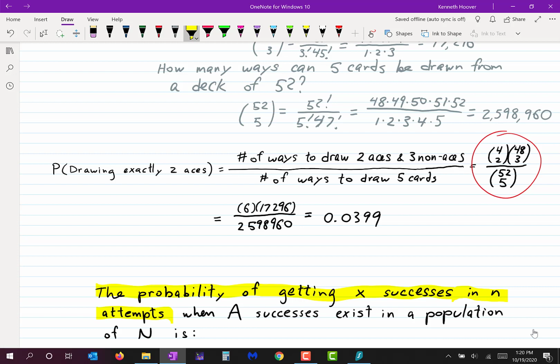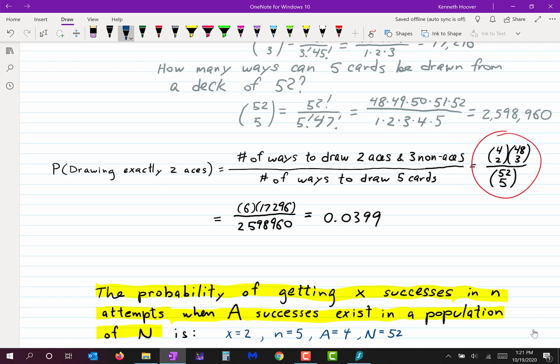Then it says, when capital A successes exist, well, how many aces exist in a deck of cards? 4 of them. So A was 4. In a population of capital N, how many cards are there in a deck? 52. So in our example, X was 2, drawing 2 aces. Little n was 5, we drew 5 cards total. Capital A was 4, there are 4 aces in the deck. And capital N was 52 because there's 52 cards in a deck.